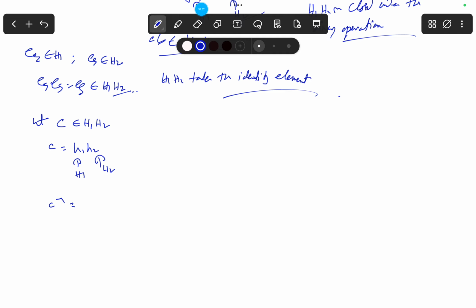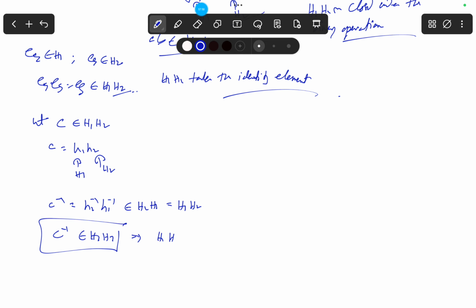C inverse is basically H2 inverse times H1 inverse. Now H2 inverse times H1 inverse belongs to again H2 H1, and this is same as H1 H2. That means C inverse must belong to H1 H2, right?